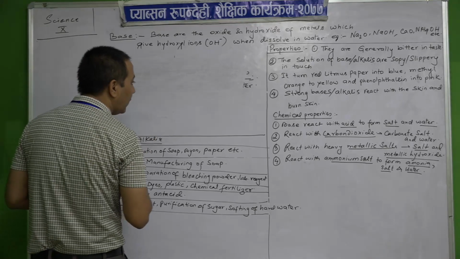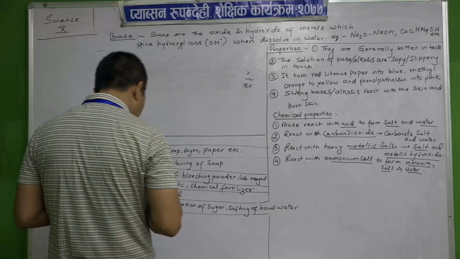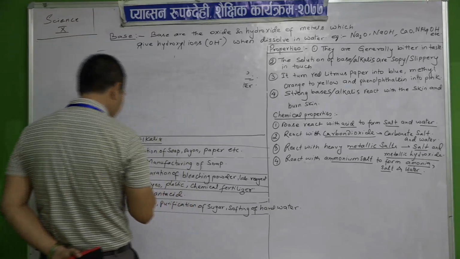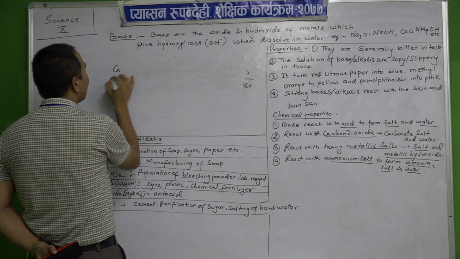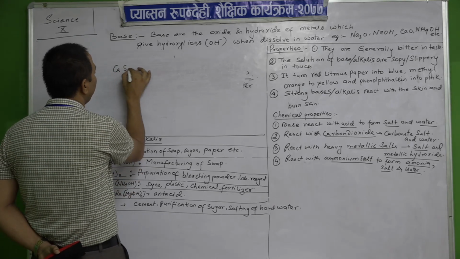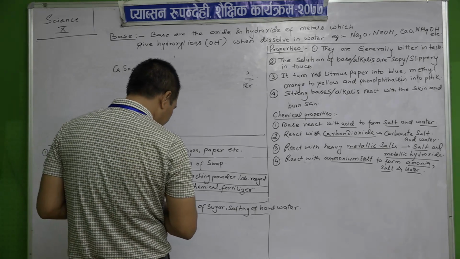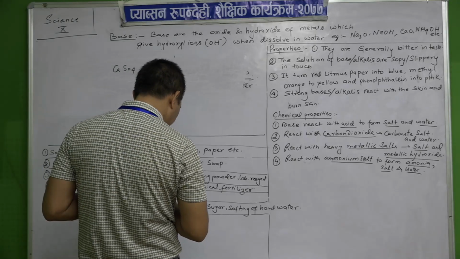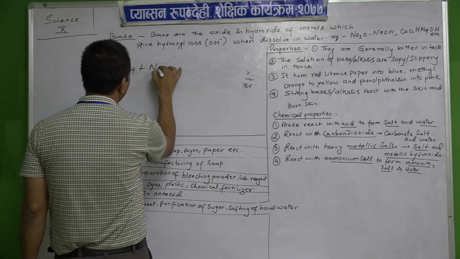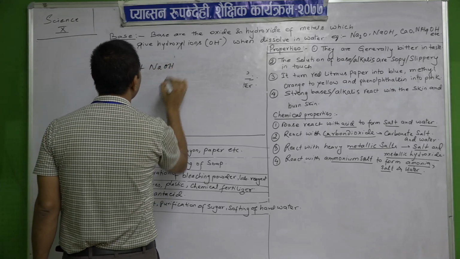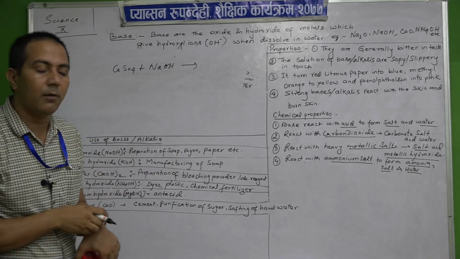What happens when it reacts with a metallic salt? Calcium sulfate is a metal sulfate. Then when calcium sulfate reacts with a base, NaOH, what will be formed?